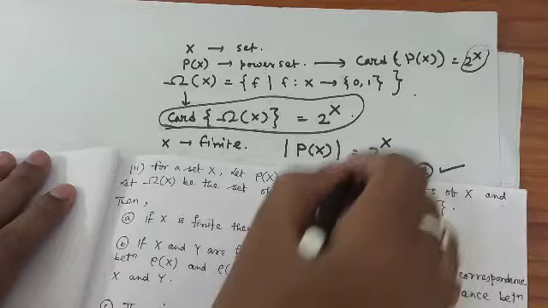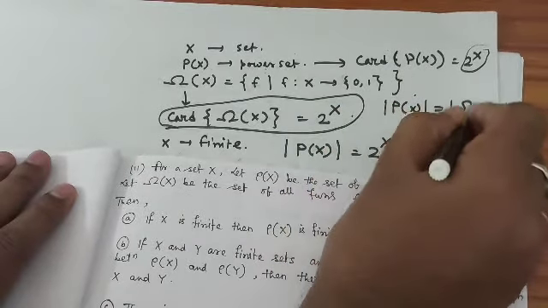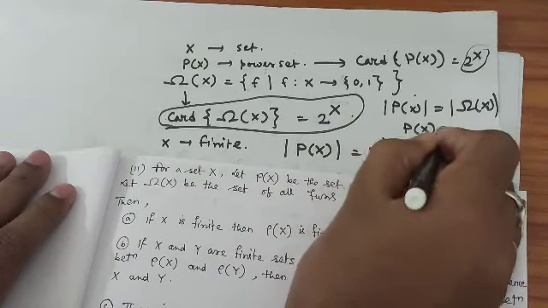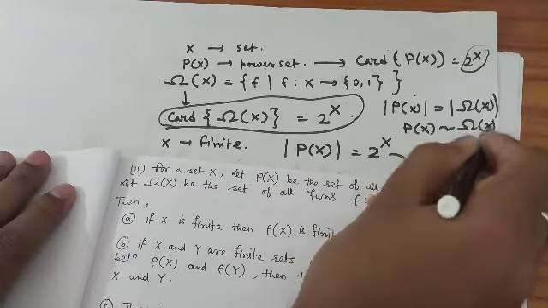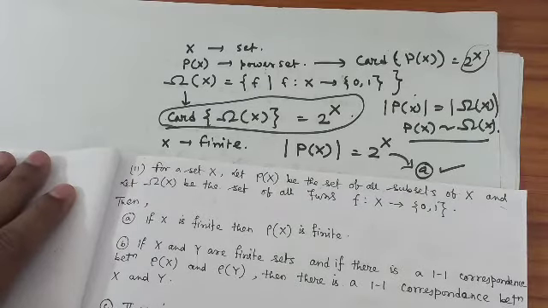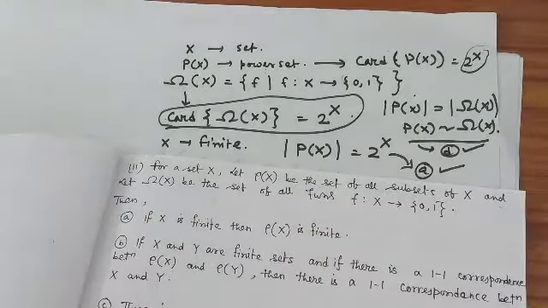So the cardinality of P(X) is the same as the cardinality of omega X. So they are equivalent. In fact, P(X) is equivalent with omega X. So there is a 1-1 correspondence between these two sets. So option D is again correct. So all 4 options are correct.